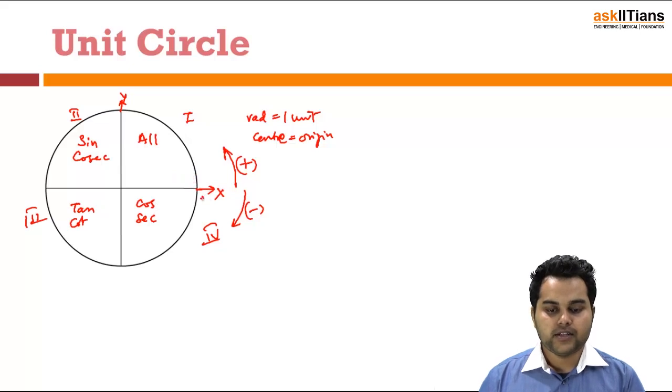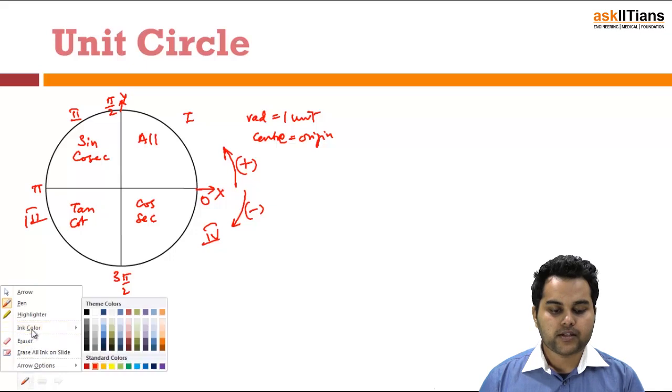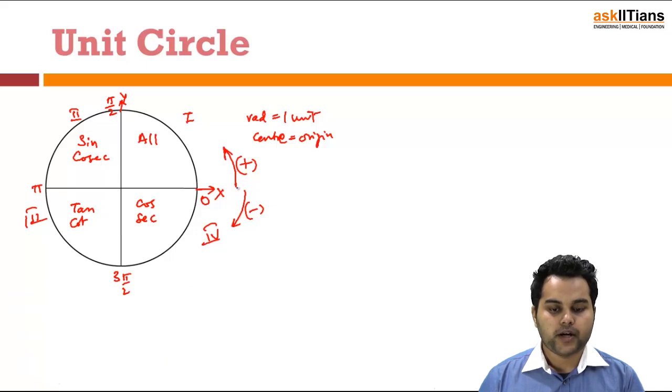So the measure at this angle is 0, then at the vertical it's pi by 2, pi and 3 pi by 2, and again when coming to 0, the next angle would be 2 pi, and this would be one complete rotation. So if all are positive, how can I remember this?